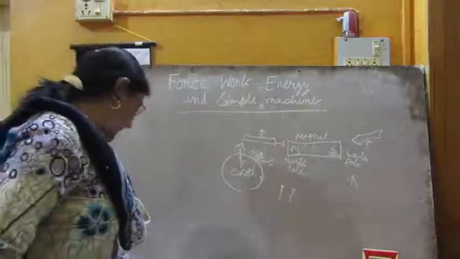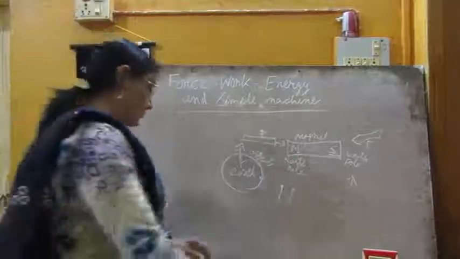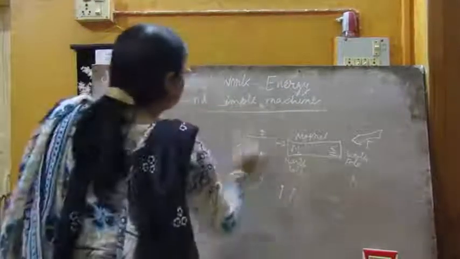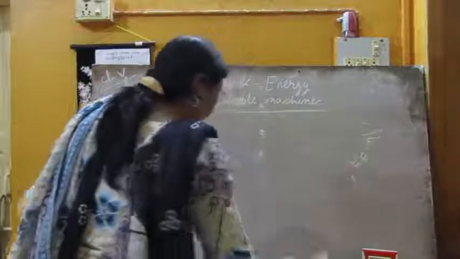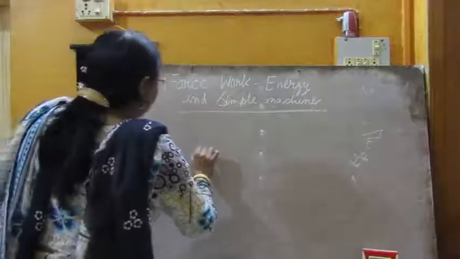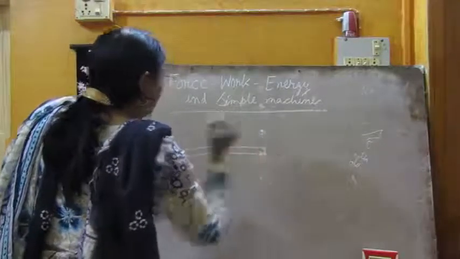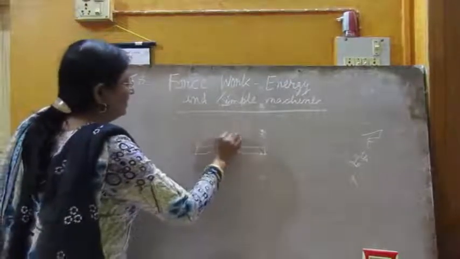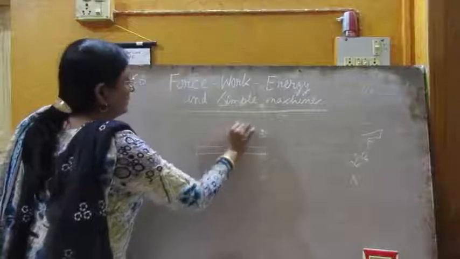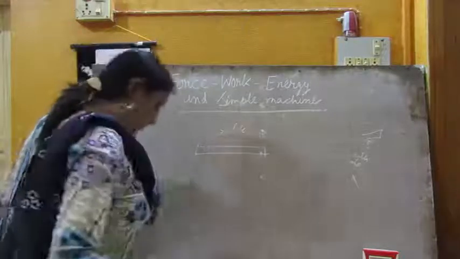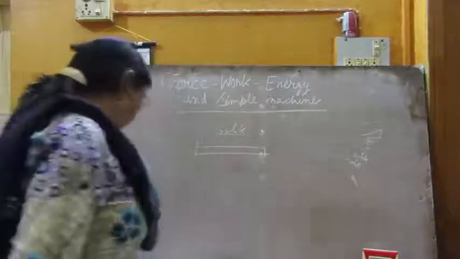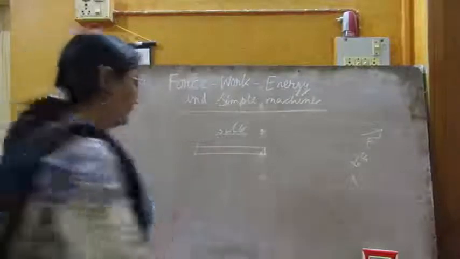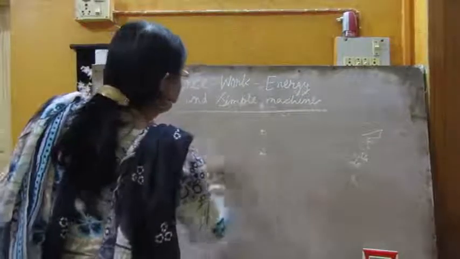Okay, now the last one is electrostatic force. What is electrostatic force? Suppose a glass rod is rubbed with a silk cloth. But this one is not in your syllabus.